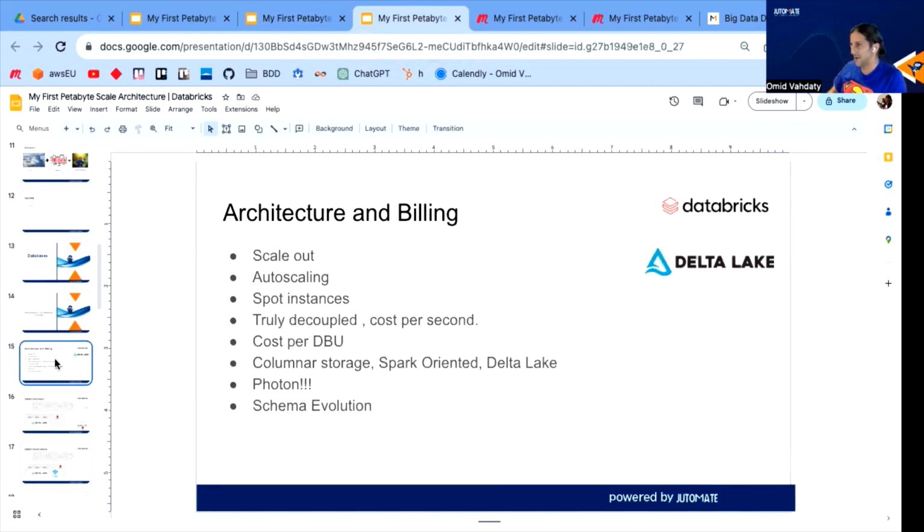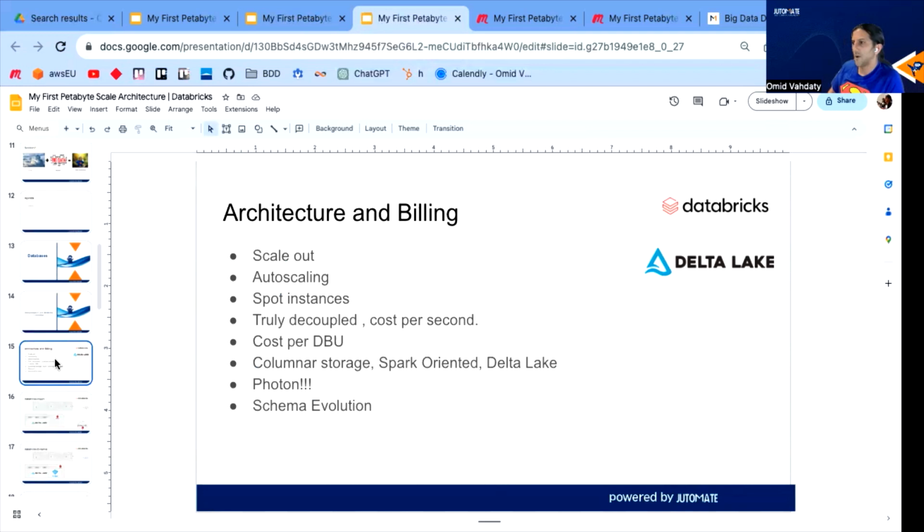Things to know about Databricks. In terms of architecture and pricing, it's a scale-out architecture with auto-scaling, and you can apply spot instances, which could be a massive cost reduction, with some pros and cons analysis. It's totally decoupled, and the cost is per second, and there's additional cost for DBUs, which is the licensing of Databricks units. It supports container storage.